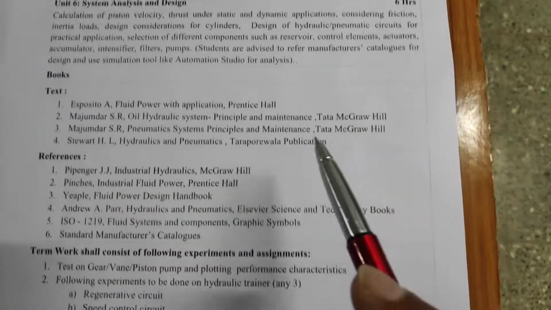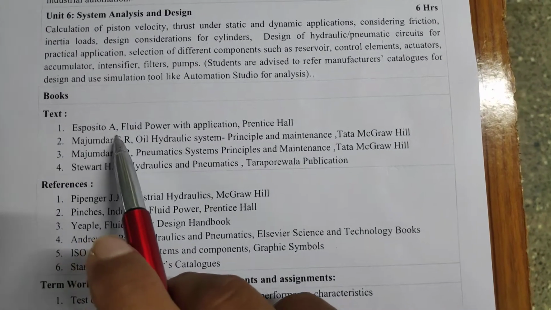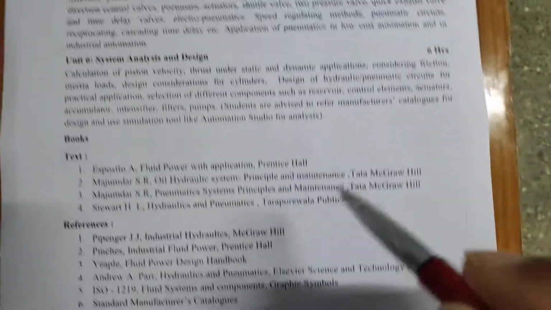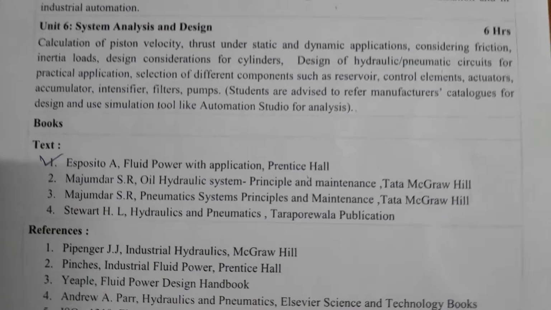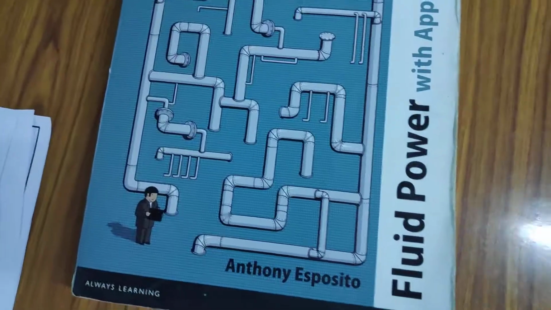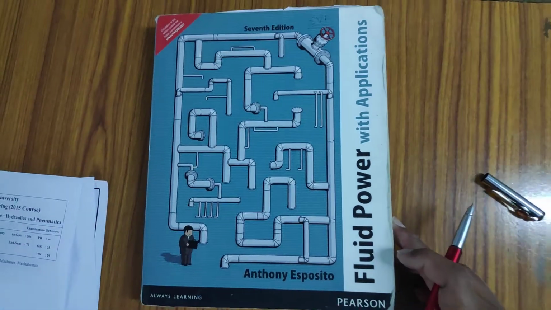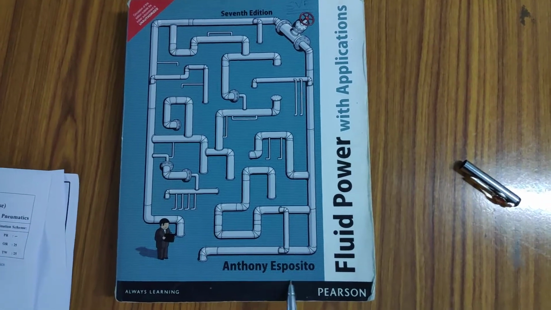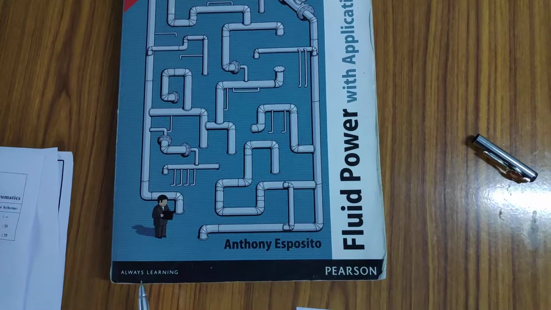Now the university recommends the textbook Fluid Power with Applications by Esposito, Prentice Hall. I will suggest this is the best book for this subject, and I have a copy of that here. You can observe this is the book, Fluid Power with Applications by Anthony Esposito, Pearson publication.